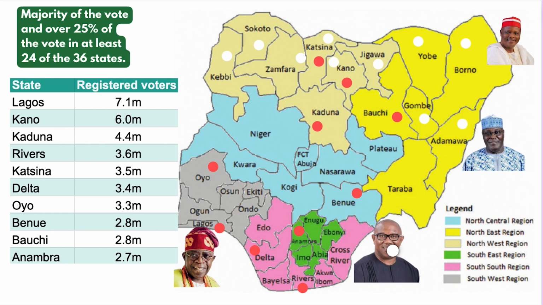Is Peter Obi really going to be able to have 25% of voters from these states? If you count this, 1 2 3 4 5 6 7 8 9 10 11 12, that's about 12 states already. If you take 12 states out of 36, that possibly is a problem already.